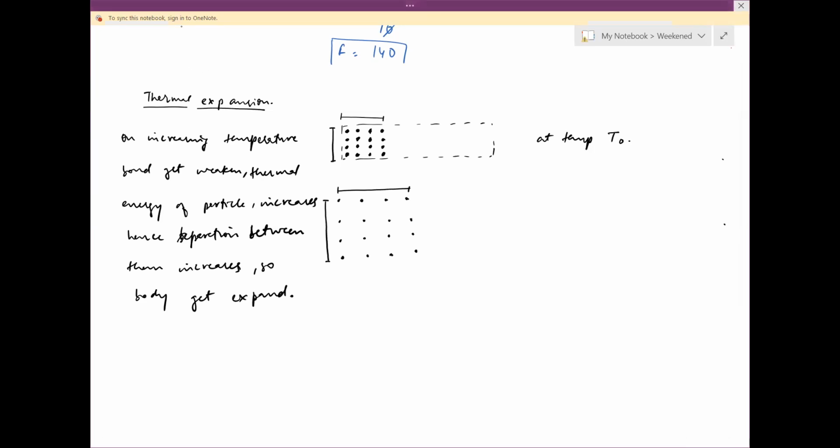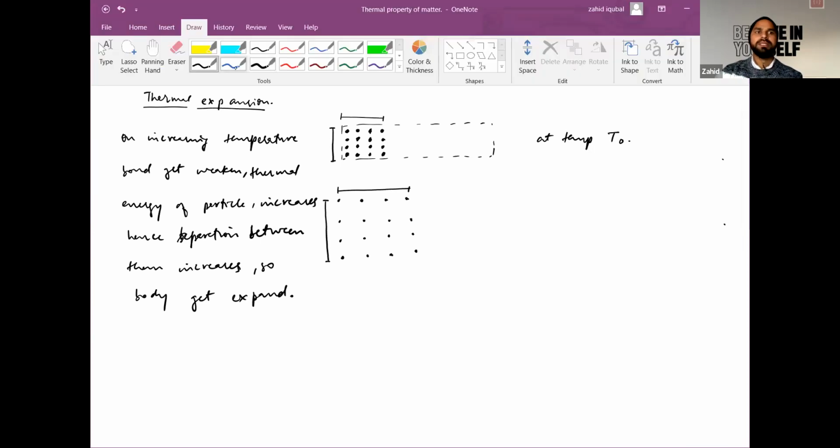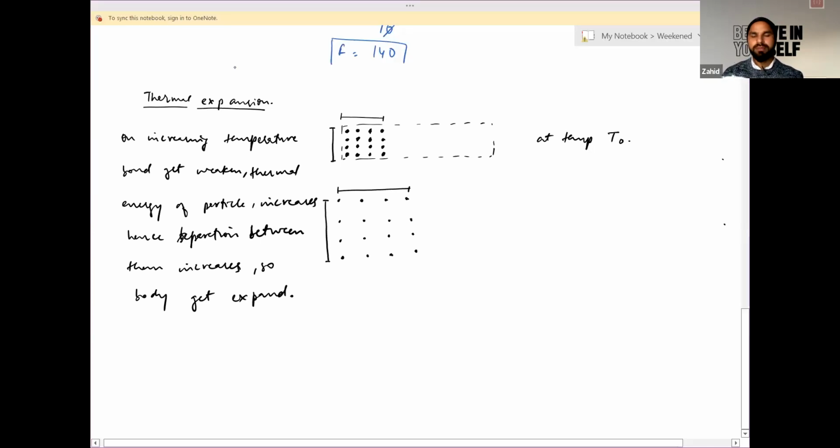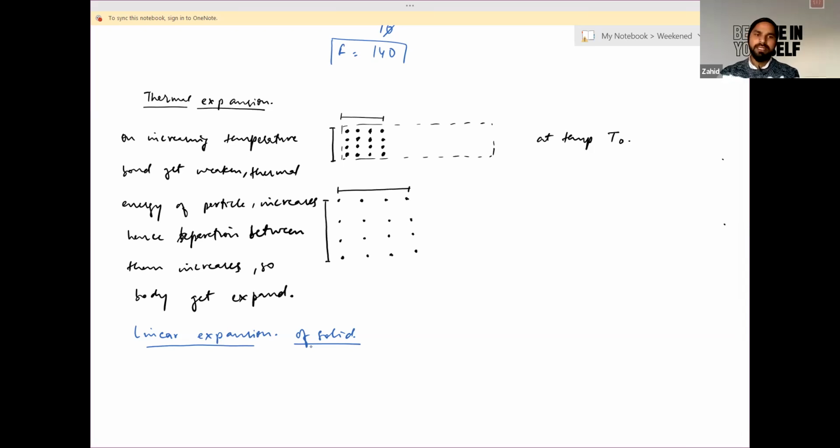So we have to define expansion in a solid in 3 different orders depending upon length, area, and volume. First define linear expansion of solid. In this expansion, we consider the width of that body very small as compared to length, so we can neglect it.